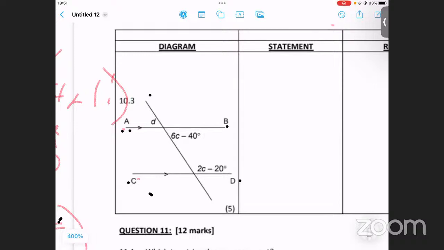Now, remember we have a Z, we have an F, we have a U, something like this, right? When the angles are like this, what do we call them? Do you guys remember?